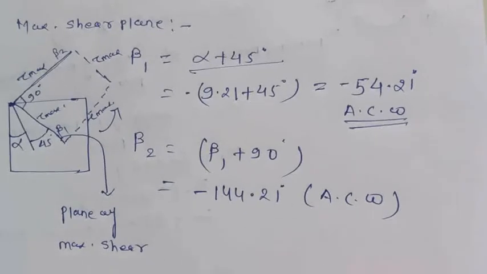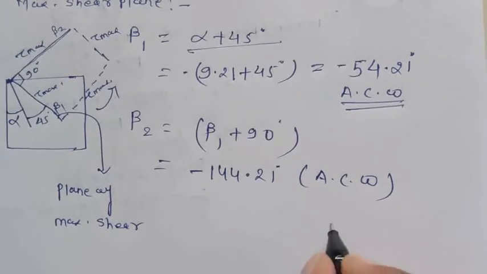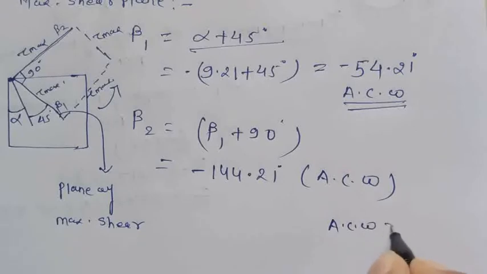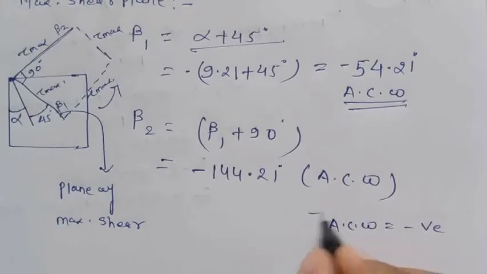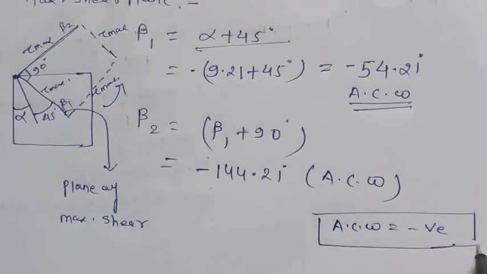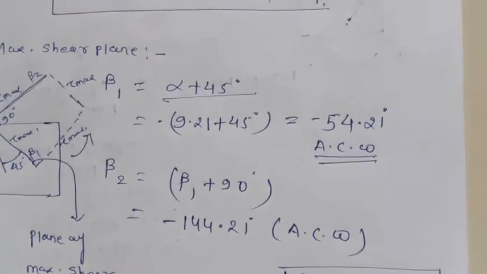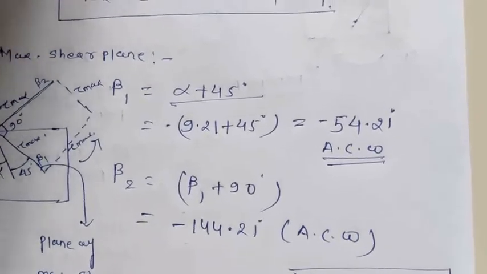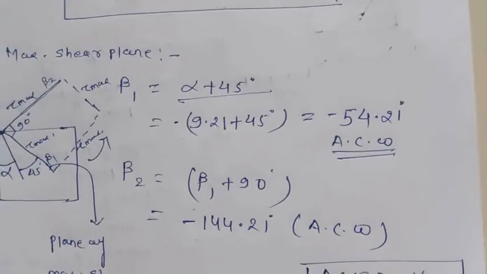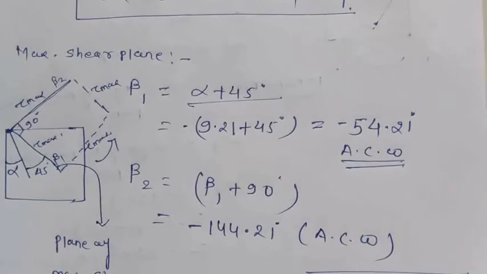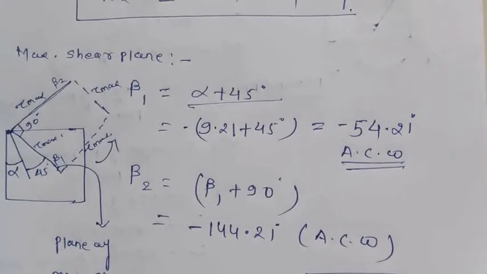Since as per our sign conventions anti-clockwise is taken as negative, the sense will be negative here. So this is the maximum shear stress on a tau max plane. We can draw it in this way.